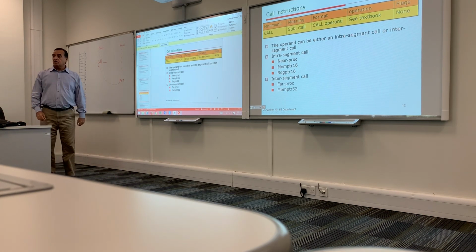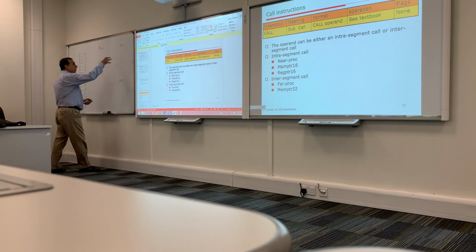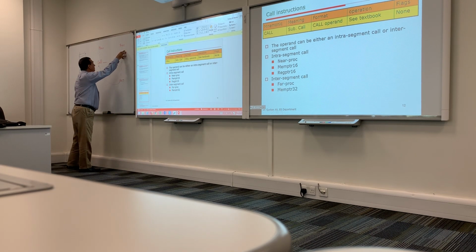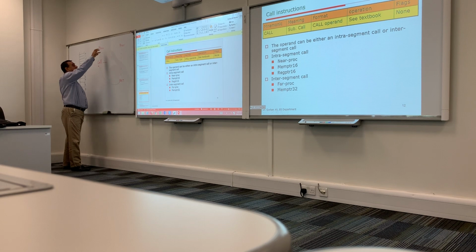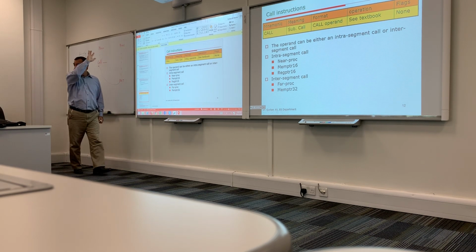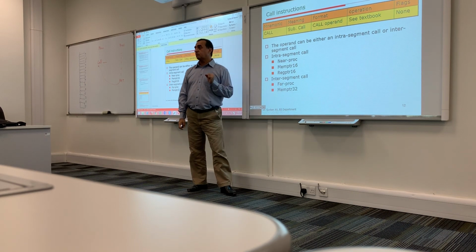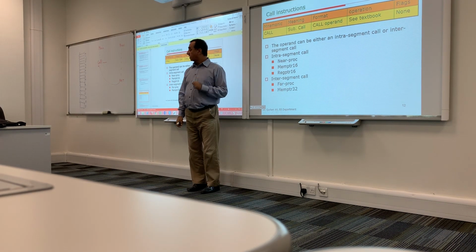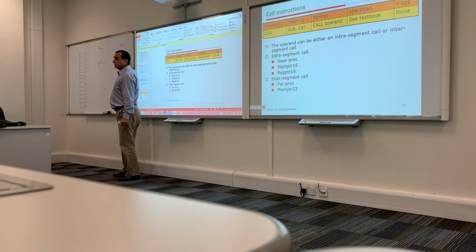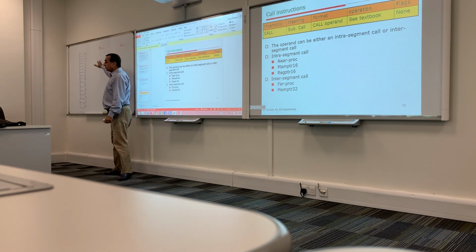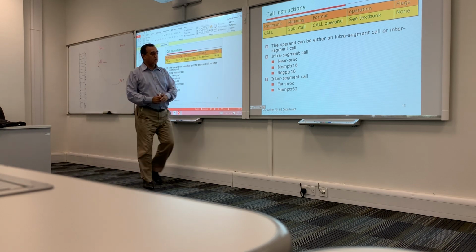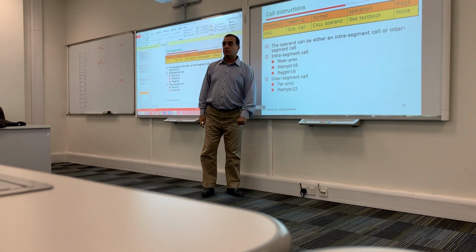Now, if this procedure is stored in the same memory segment as the main program, then we call it a near procedure. If this procedure is stored in a segment different from the main program, then we call it a far procedure.